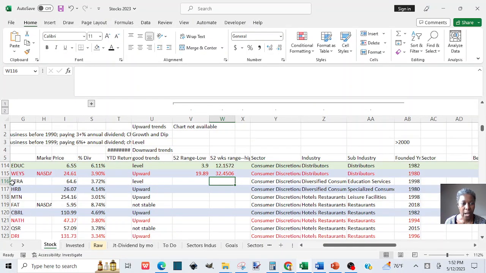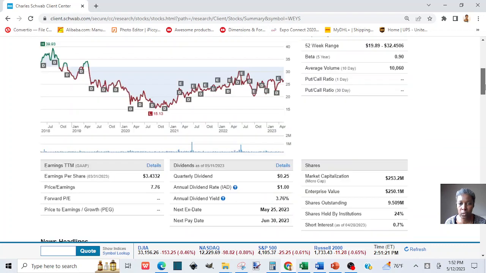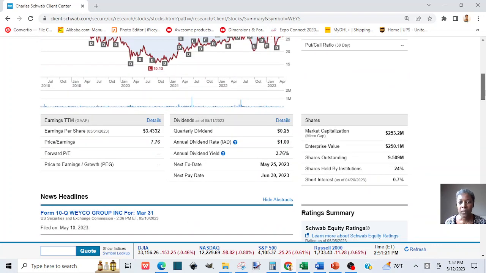so now that we have that, we'll now apply the next filter, the chart, so that we can see the year and the trend. But we can scroll down, so they are going to pay in June as well, and it's 3.76%.